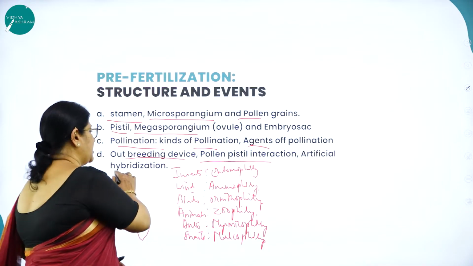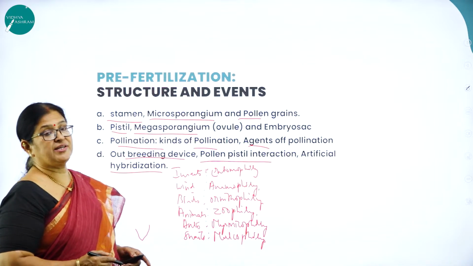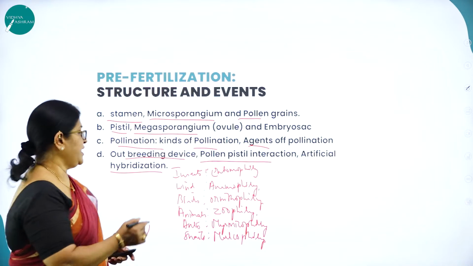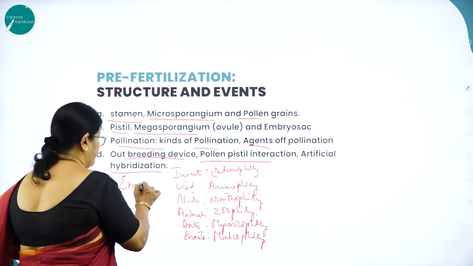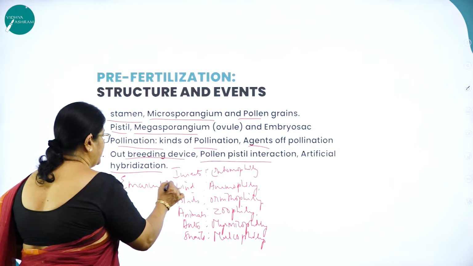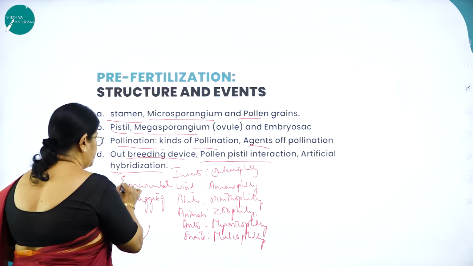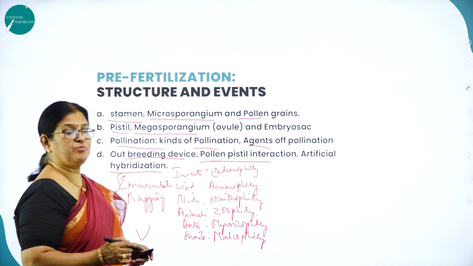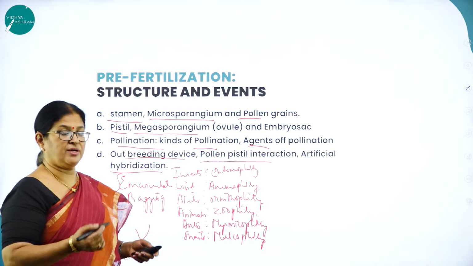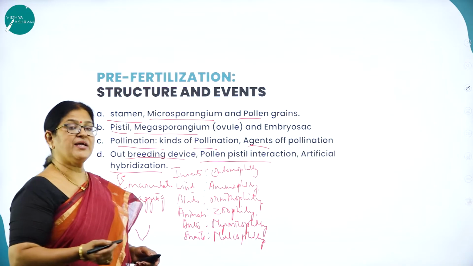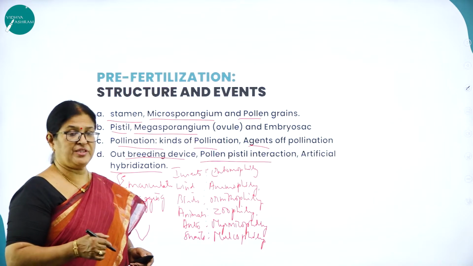Then we come across artificial hybridization, which is obtained through emasculation and bagging. With these two techniques, emasculation means what? Removal of stamens. Then bagging, covering the stigmatic surface with a polythene bag.